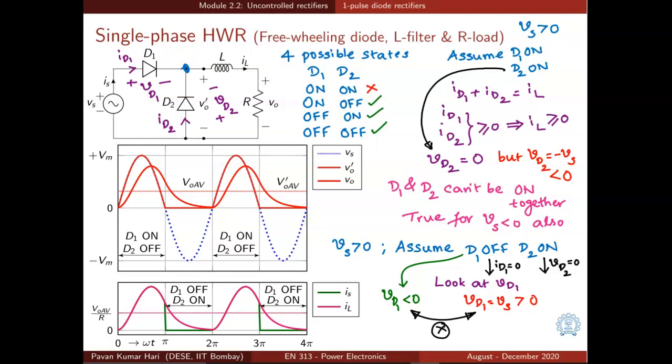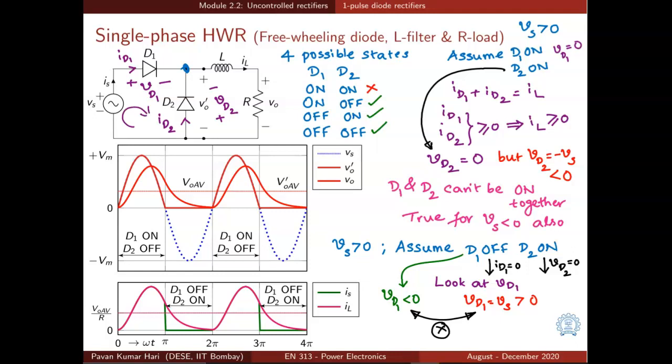And what is VD2, the voltage across the diode? VD2 has to be 0 since we have assumed the diode D2 to be on. But we have also assumed that the diode D1 is on, so VD1 is equal to 0. When VD1 is equal to 0, VD2 will become minus Vs from KVL in this particular loop.